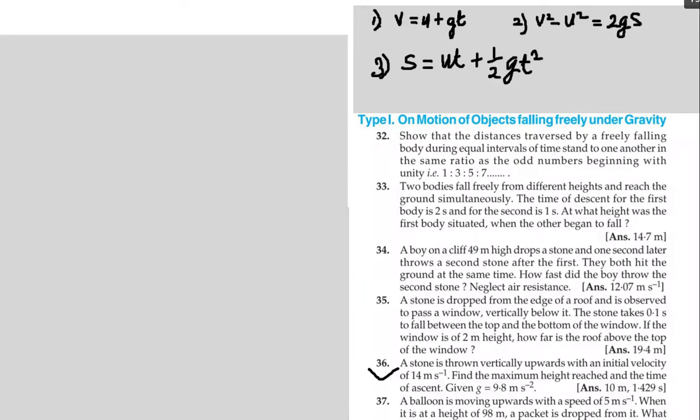So we have two rules. If the object moves upwards, that means the object is moving against gravity. Gravity is always downward. So if the object moves upward, the g value will be negative.